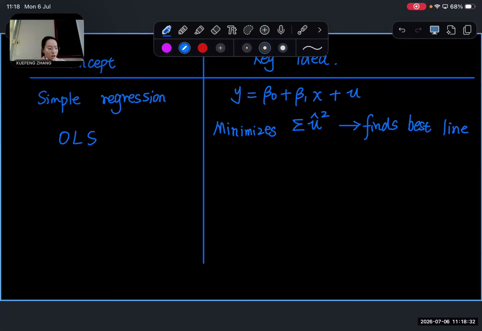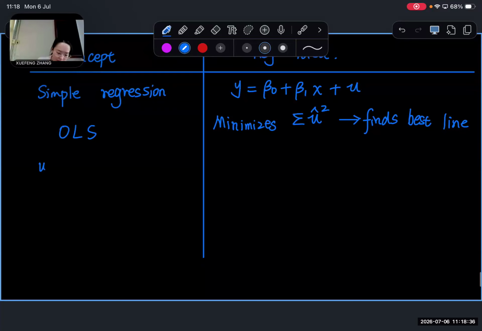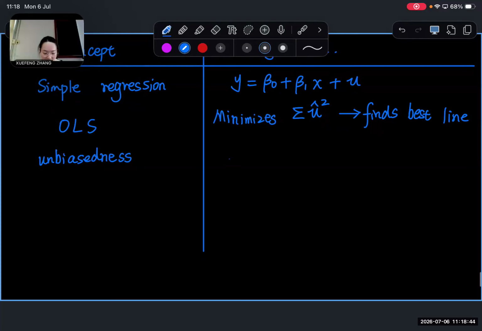And next one, the theorem, right? Unbiasedness. Unbiasedness just means the expectation, or the expected value, of beta 1 hat and also beta 0 hat, but normally we care more about the slope, okay? Because here is the effect of x.